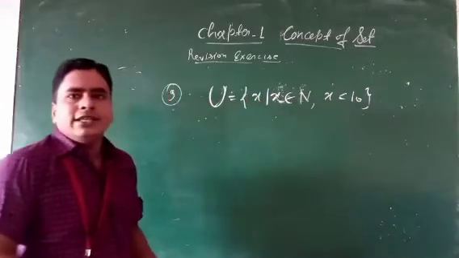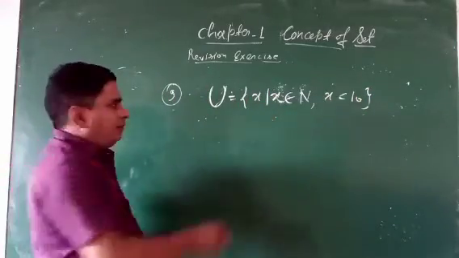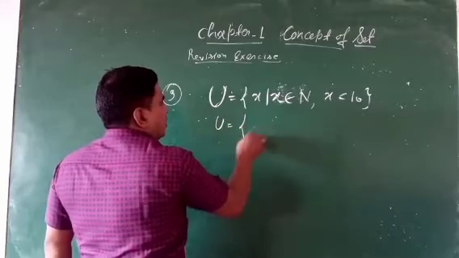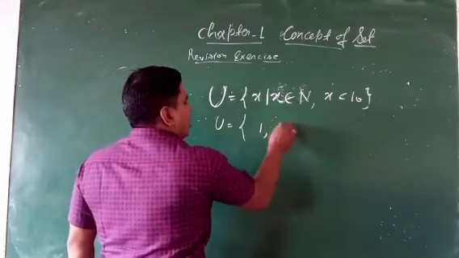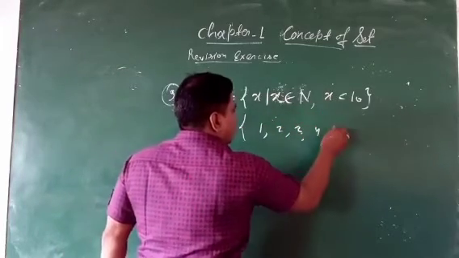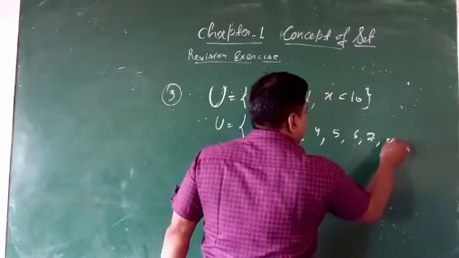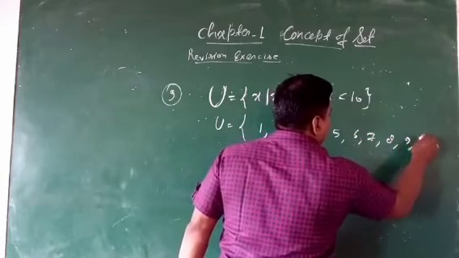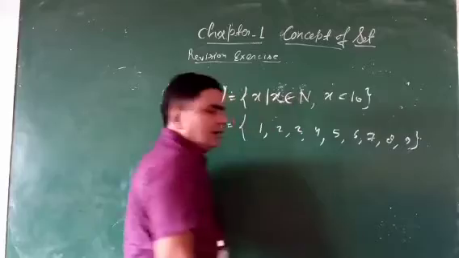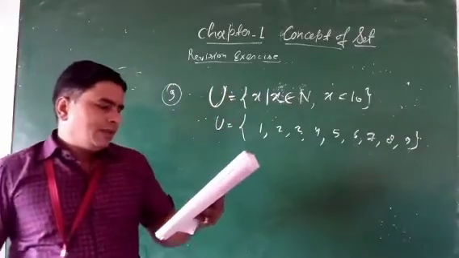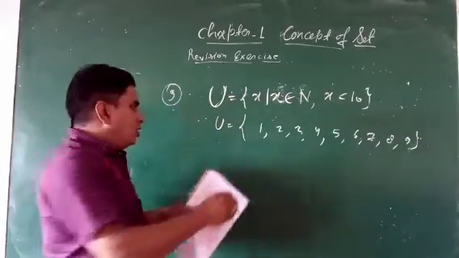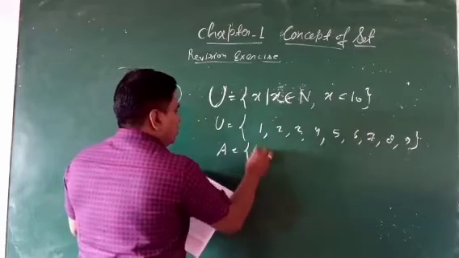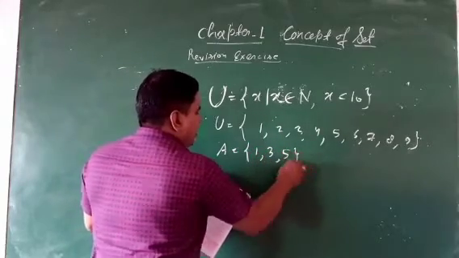First we have to write this in roster form: natural numbers less than 10, that is 1, 2, 3, 4, 5, 6, 7, 8, 9. And A is another set given: 1, 3, 5.